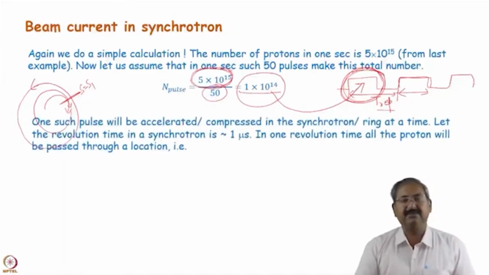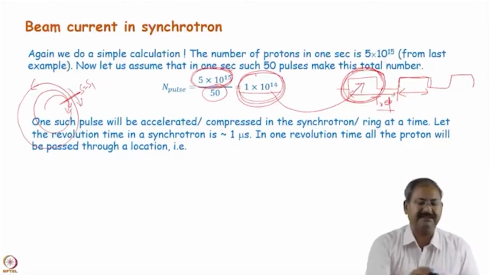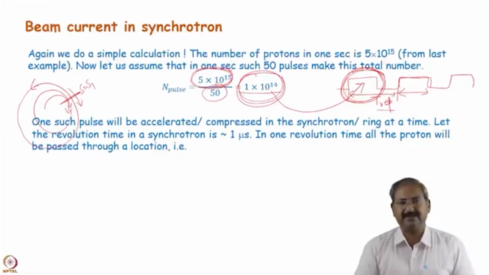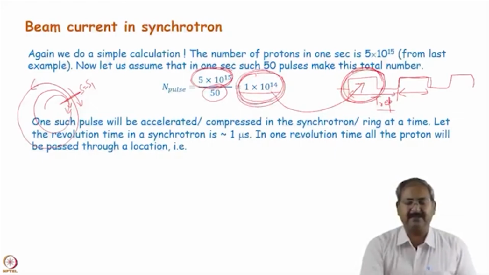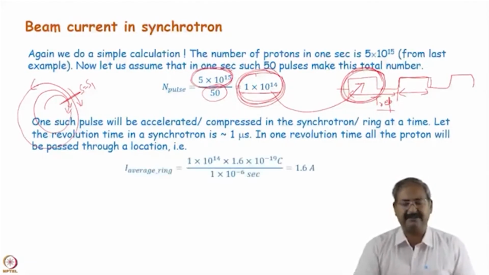Now if the revolution time is 1 microsecond in the synchrotron, it means in 1 microsecond this number of protons pass through this detector. All the protons pass within 1 microsecond.